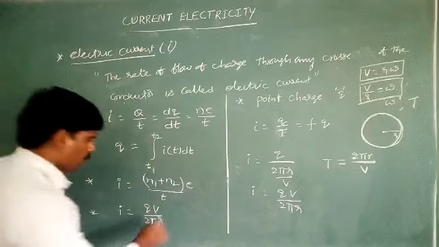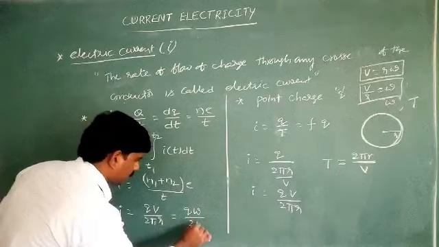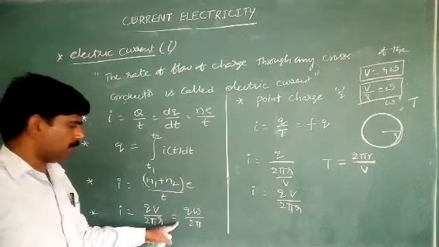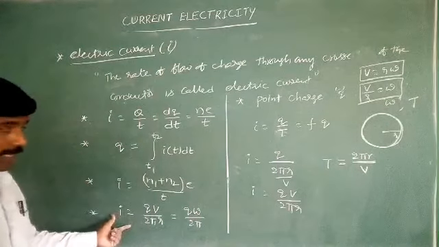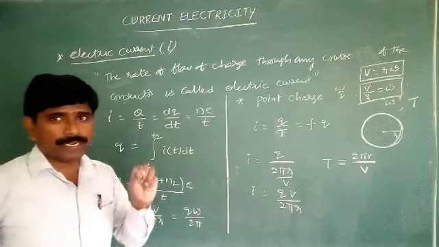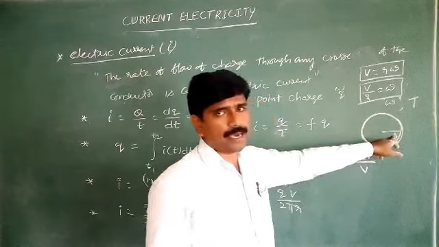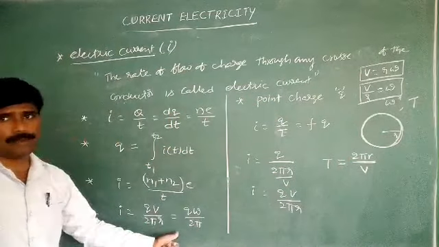So current I is equal to QV by 2 pi R, that is equal to Q omega by 2 pi. This is the value of the current when the point charge is revolving on the circumference of a circle having radius r meters.